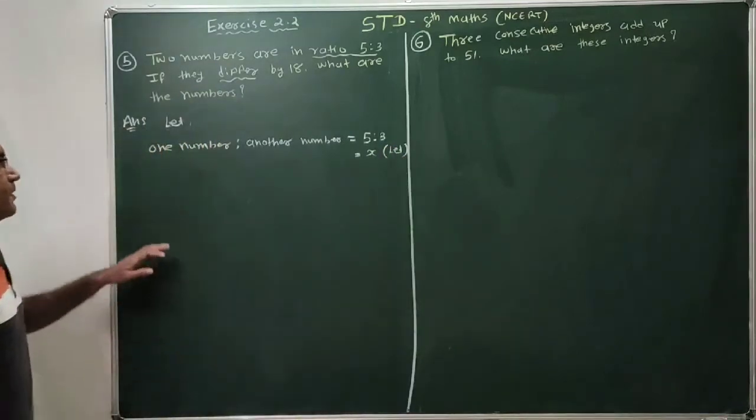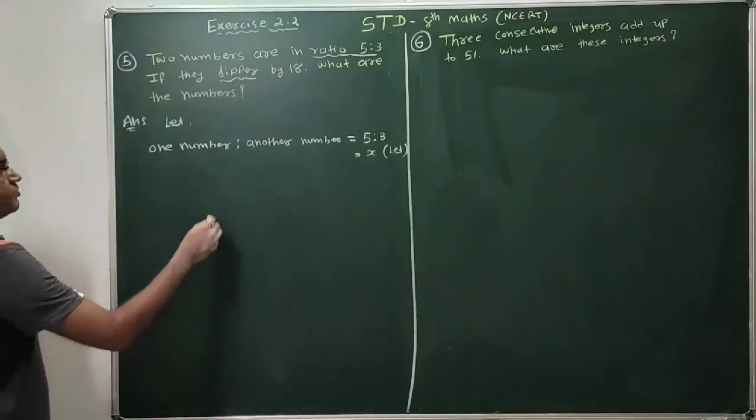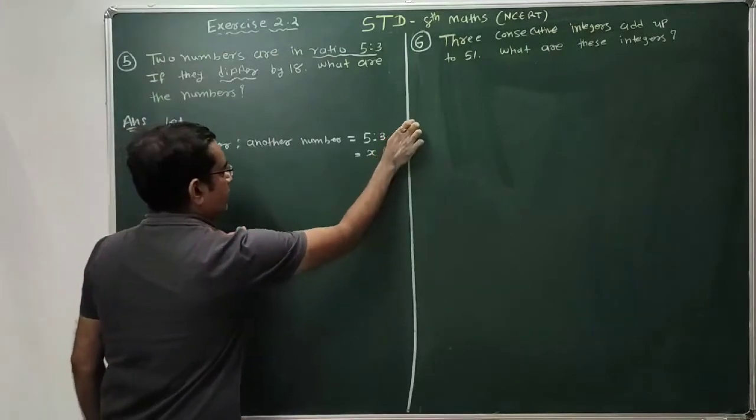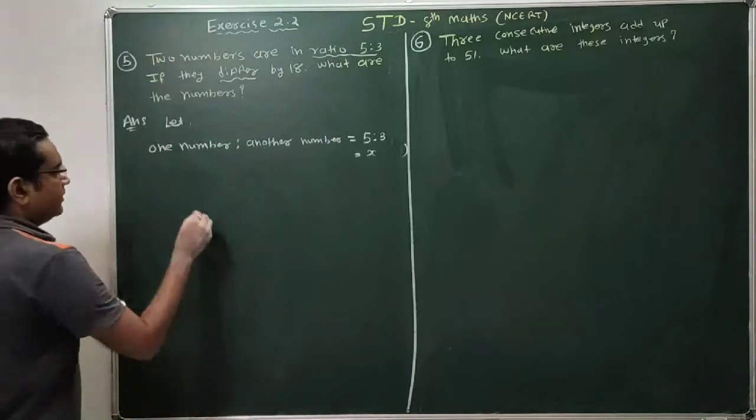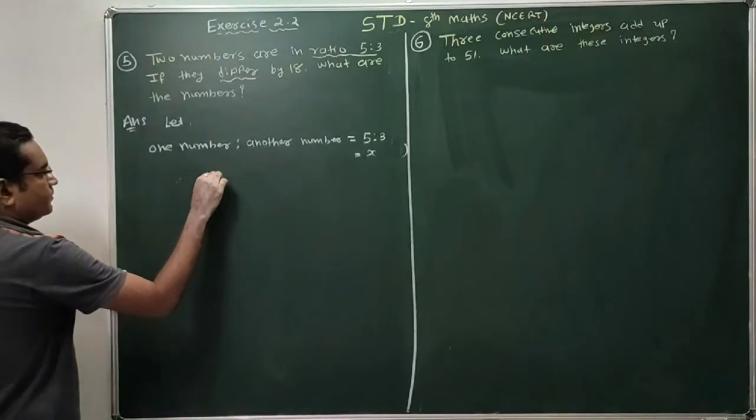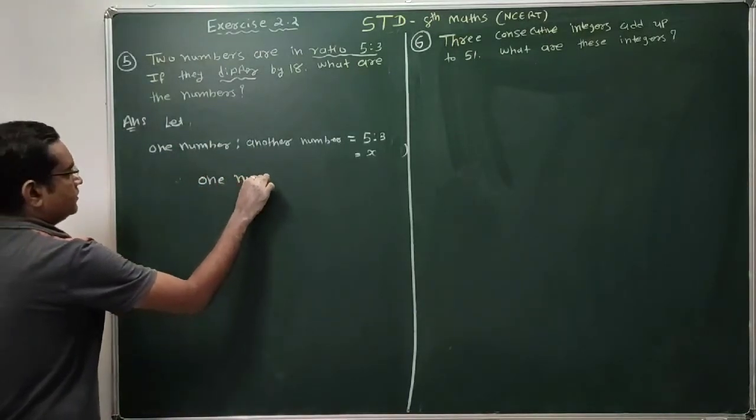So students, whenever the ratio is given, you have to take the given ratio equal to the x that you consider, and therefore we get our one number.